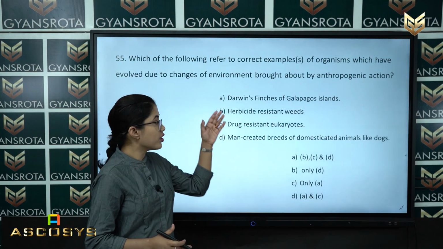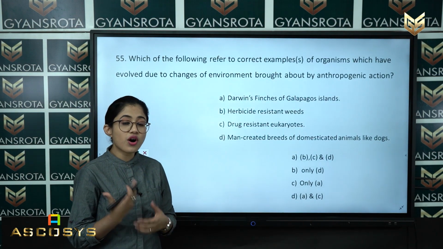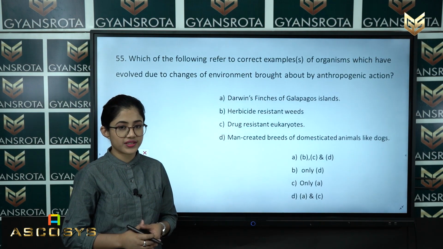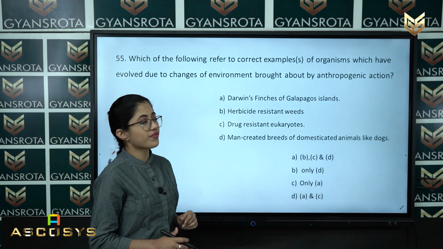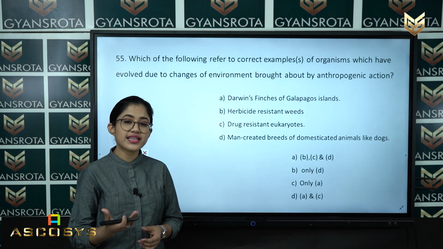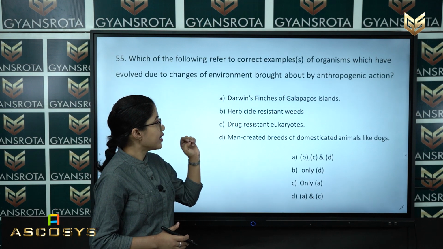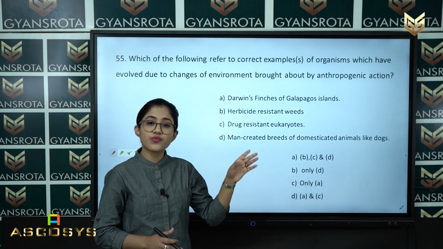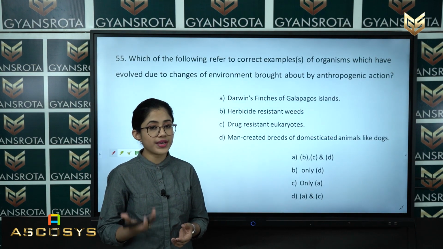So we have to select the one which is caused by anthropogenic action. First statement is Darwin's finches of Galapagos Island. It is an example of natural selection. Now, statement B is herbicide resistant weeds. That is also caused by interference by human beings.